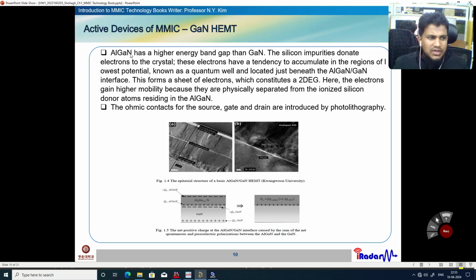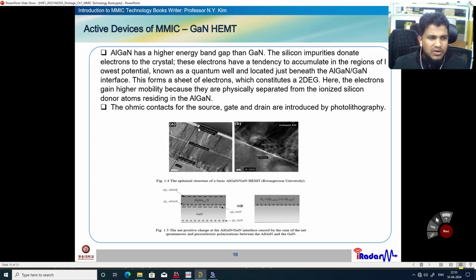Aluminum gallium nitride has a higher band gap than gallium nitride, and silicon impurities donate electrons to the crystal. These electrons have a tendency to accumulate in the regions of lowest potential, known as the quantum well, located beneath the interface of the gallium nitride and aluminum gallium nitride.